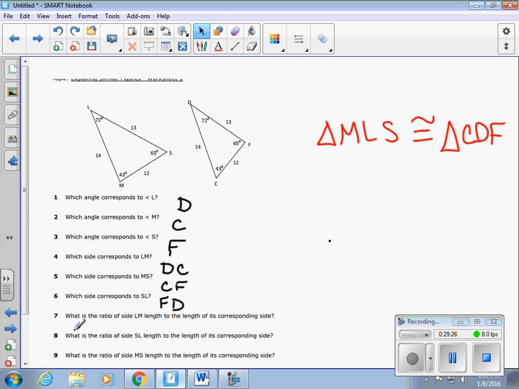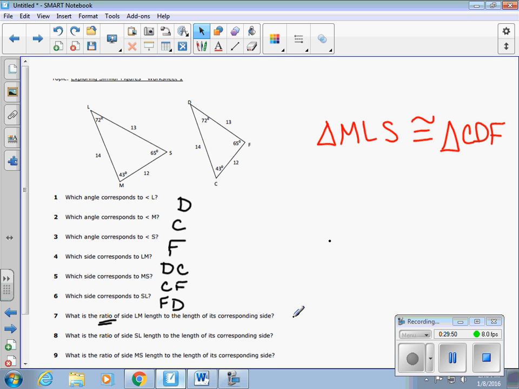It says, what is the ratio of side LM length to the length of its corresponding side? The key word there is ratio, which tells me I want a fraction. Yes, ratio is always a fraction. And I'm going to compare the length of LM to the length of its corresponding side.